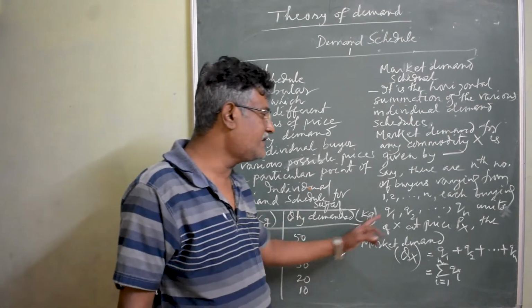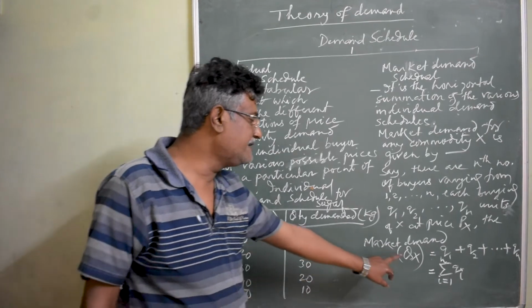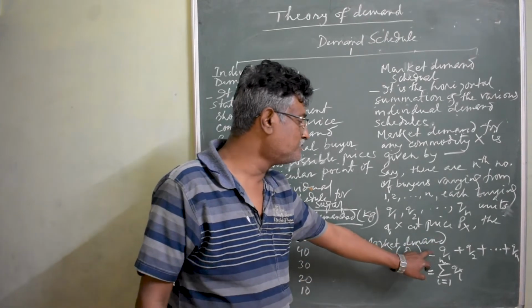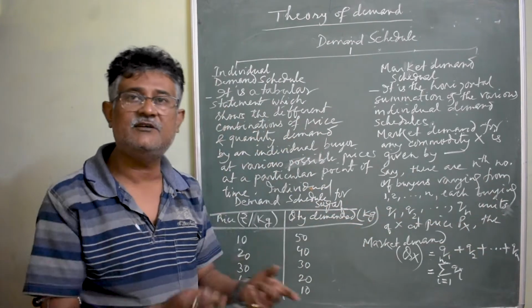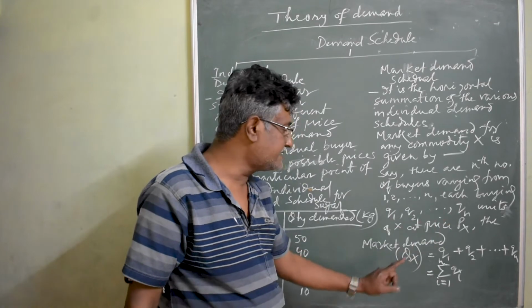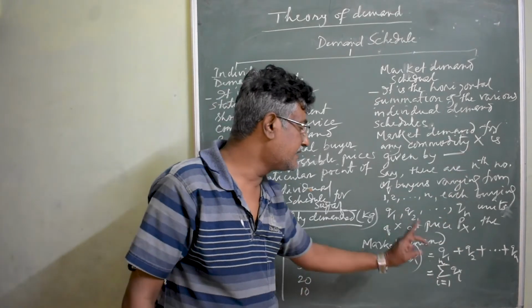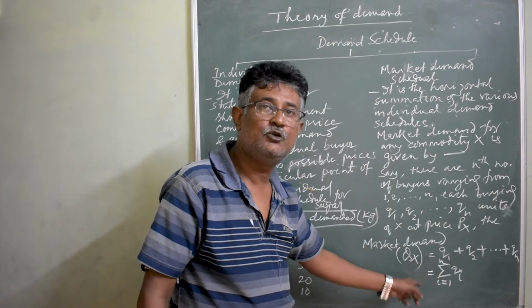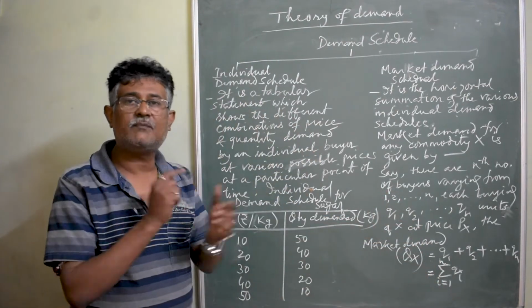So the market demand for commodity X at price Px will be given by Qx equal to the sum of the quantities bought by all the individual buyers in the market at price Px, that is Q1 plus Q2 plus dot dot dot plus Qn, which gives you summation Qi, where i varies from 1 to n. So this gives you the market demand.